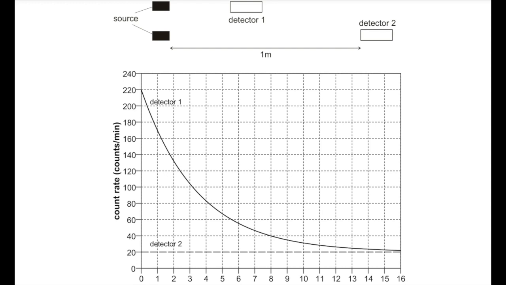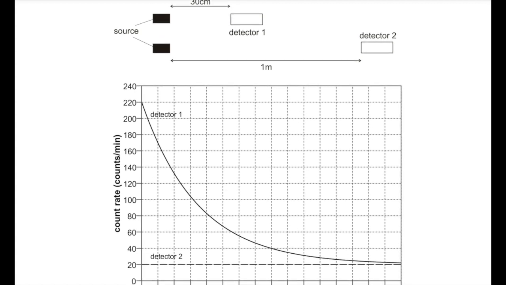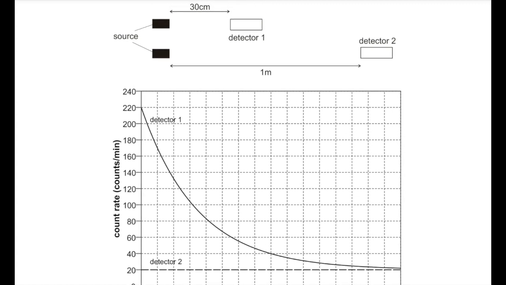So, I'm going to first look at the graph. Detector 1 has a curve and detector 2 is a straight line. So now I'm going to use my knowledge of different types of radiation to determine what is being emitted by the source. So alpha radiation can only travel a few centimeters in air, beta radiation can travel tens of centimeters, and gamma radiation can travel many meters.